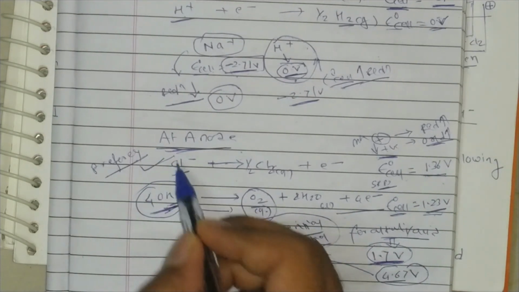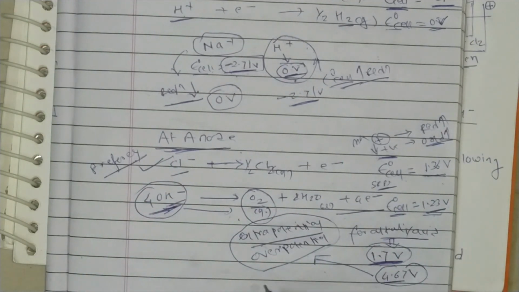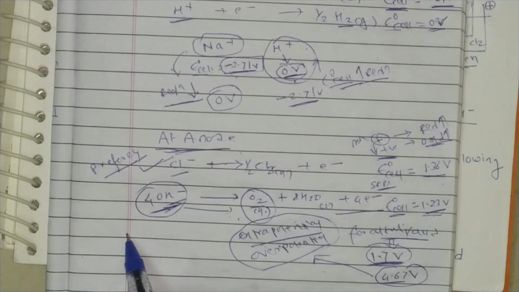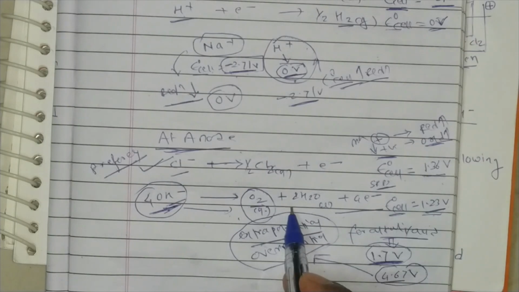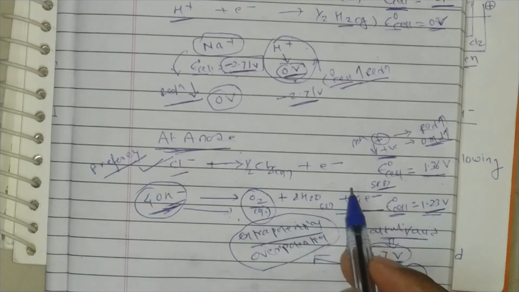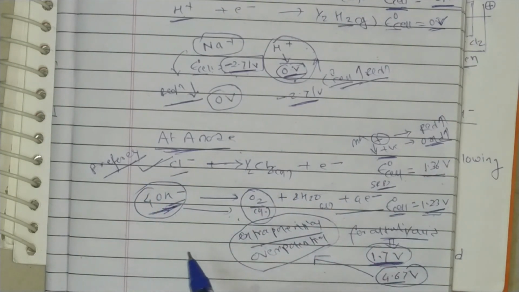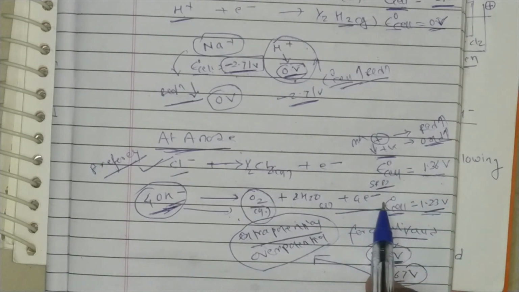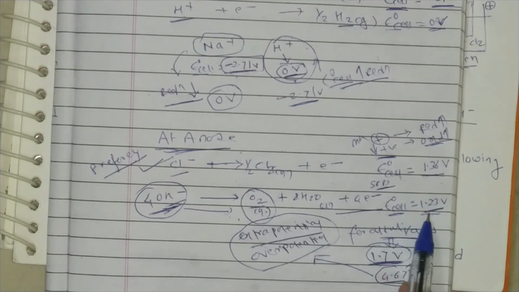तो कौन सा जाएगा फिर? प्रेफरेबली Cl जाएगा. क्यों हो रहा है ये? ड्यू टू रिक्वायरमेंट ऑफ ओवर पोटेंशियल फॉर ऑक्सीडेशन ऑफ OH minus ion इनटू द ऑक्सीजन गैस. आर यू गेटिंग द पॉइंट और नॉट? तो रीज़न आपको ऐसे लिखना है कि क्यों Cl minus ion प्रेफरेबली ऑक्सीडेशन में जाता है एट एनोड. तो आंसर में ये लिखना है कि when OH minus ion is oxidized at anode, there is a requirement of extra or over potential of 4.67 volt compared to theoretical potential of 1.23 volt.